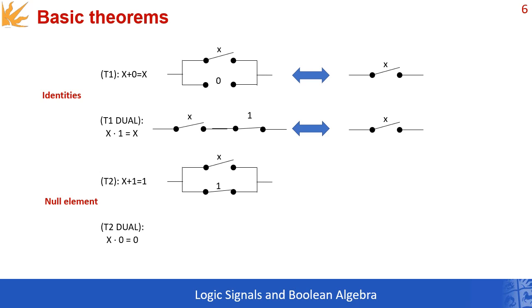One of them is always closed. So it's like having always a closed circuit. But regarding its dual, then you probably thought of it correctly. It's like having always an open circuit. So the result is always going to be the logical 0.